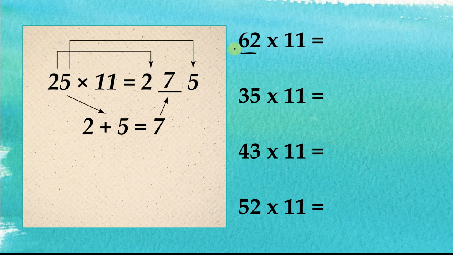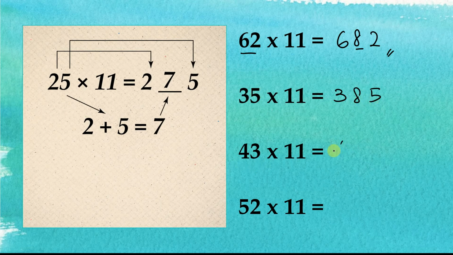The first digit is 6, and the last digit is 2, and the digit in the middle is equal to the sum. 6 and 2, we have 8, so the answer is 682. 35 multiplied by 11, so we have 3 and 5 as the first and last digits, and 3 and 5 equal 8, so 385.